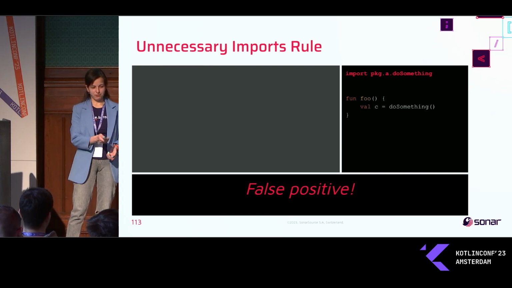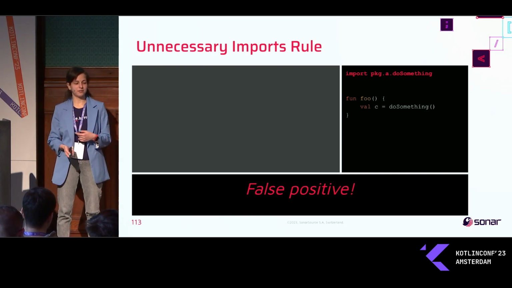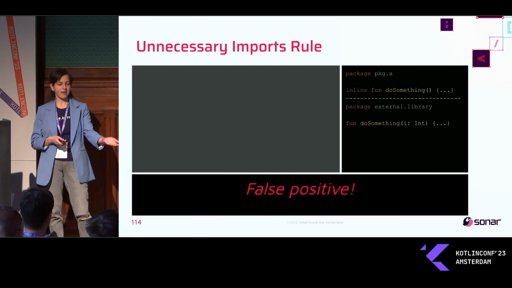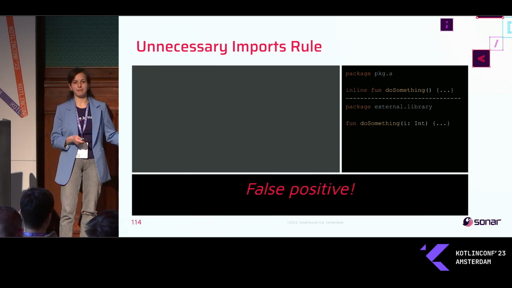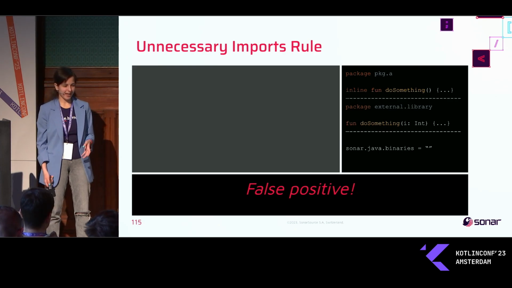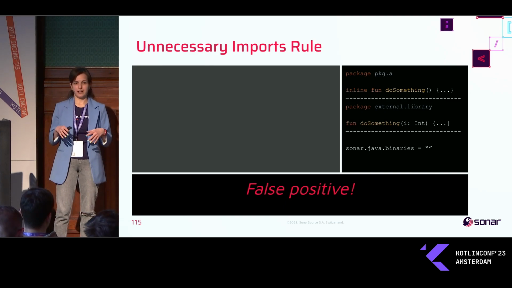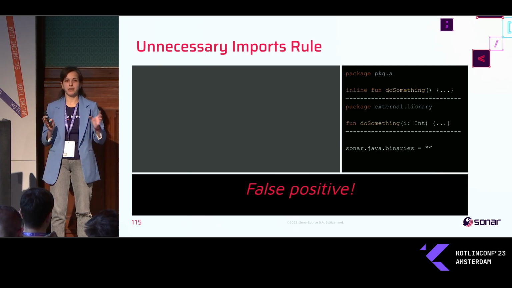For example, you have imported a doSomething function, and you are using this function. This is the function in package A. And in some external library, there is also a function with the same name, maybe a slightly different signature, but still the same name. And for example, our client decided to trick a little bit with our properties and decided not to pass binaries.